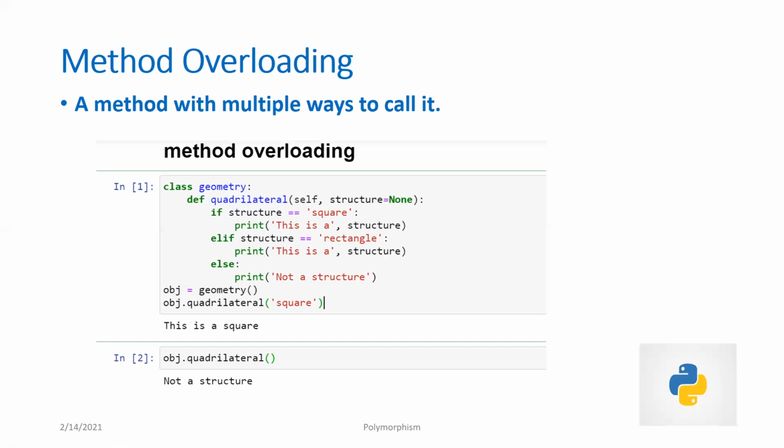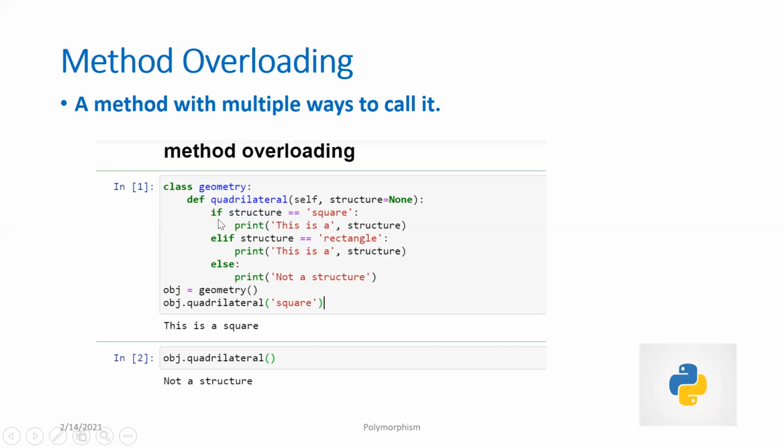This is called method overloading. Quadrilateral will behave in different ways with different numbers of arguments. Sometimes there is no argument, sometimes there are arguments, different types and different numbers of arguments. So let's see. Inside quadrilateral, I enforce some conditions.